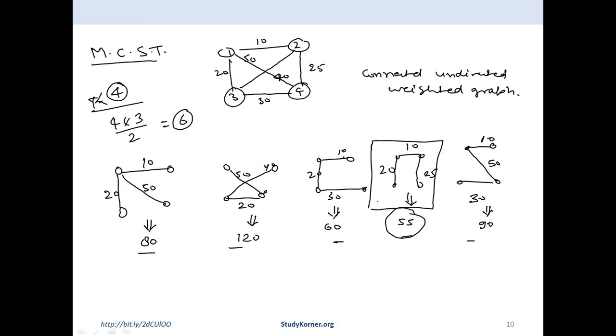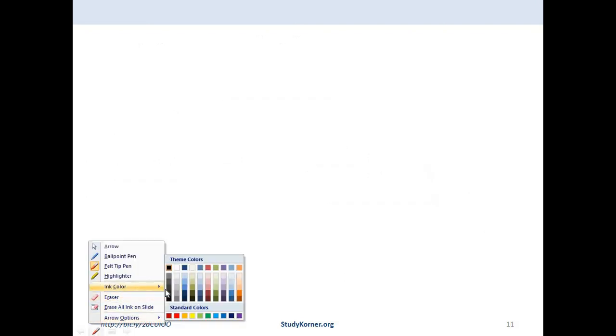So there are various algorithms proposed in Cormen for finding the minimum cost spanning tree. We have to study only two important algorithms for finding the minimum cost spanning tree. So the first one is Kruskal's algorithm, and the second one is Prim's algorithm.